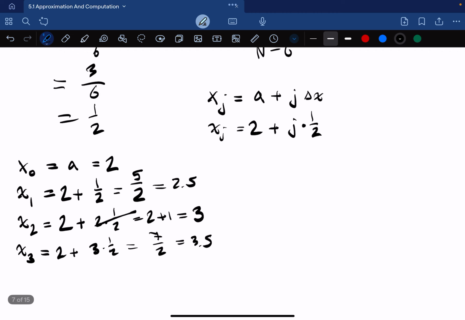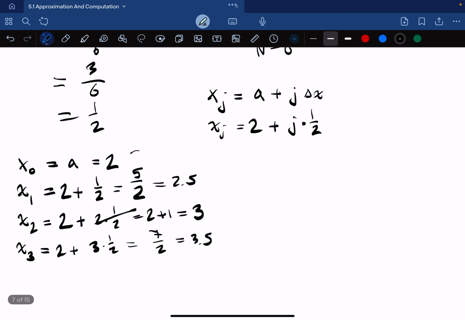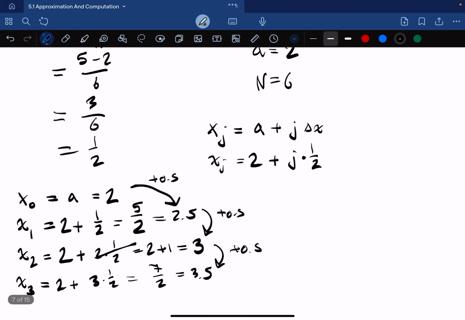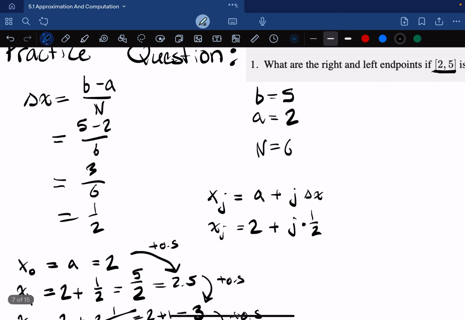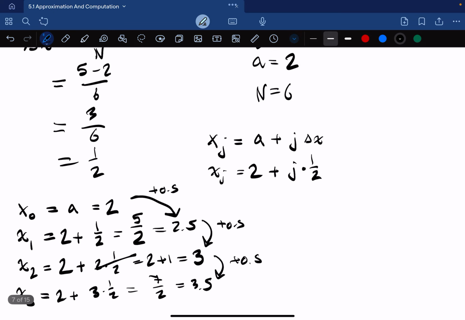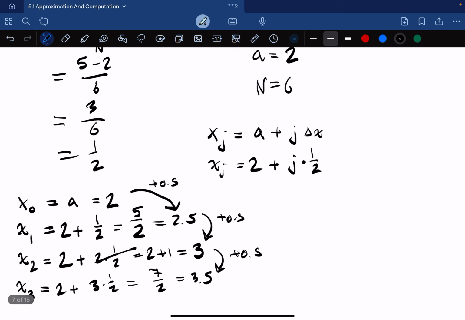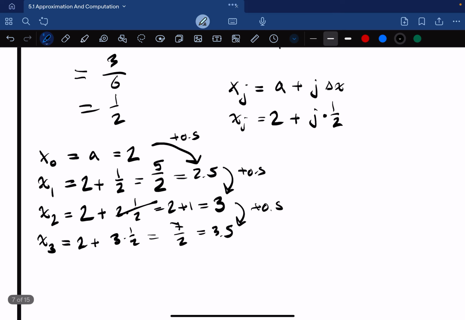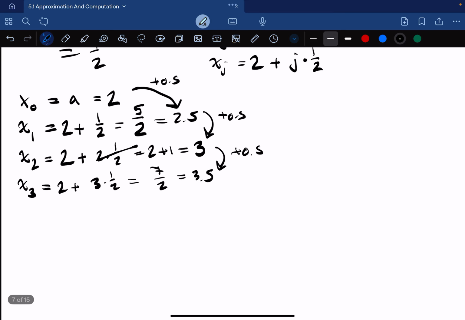Now, you guys can see a pattern already, right? The first one was at 2. The second one was at 2.5, meaning we added 0.5. Then it went to 3, so another 0.5. And then finally another 0.5 from 3 to 3.5. And basically, what I just want to show you guys is when your delta x is an easy number such as 1/2, all you have to do is add delta x multiple times to get to the endpoint you're wanting.